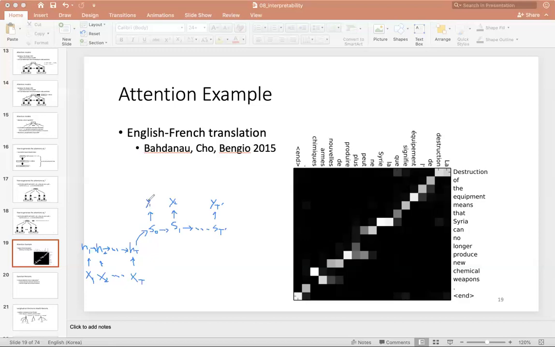And what you want is you want these Y's to be the correct sequence, or correct French sentence in this case. You feed in the true, so this will be your prediction.